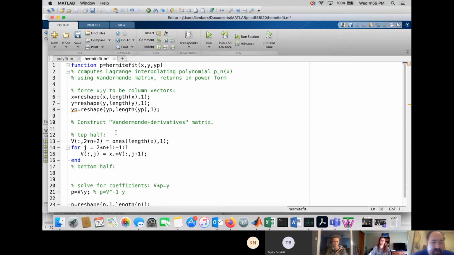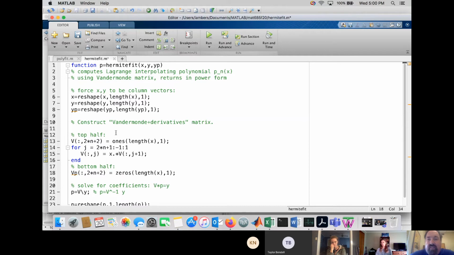So what I'll do is make a different matrix, V prime. Now for this matrix, I have to be very careful here. The last column will be all zeros. Why?